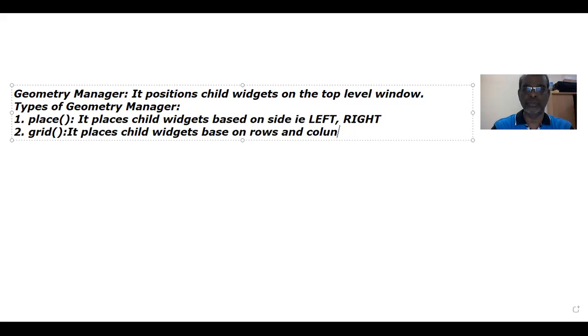That means first row, second column, just like a tabular form, a table form, that is rows and columns. We have to mention which row and which column the widget should appear.